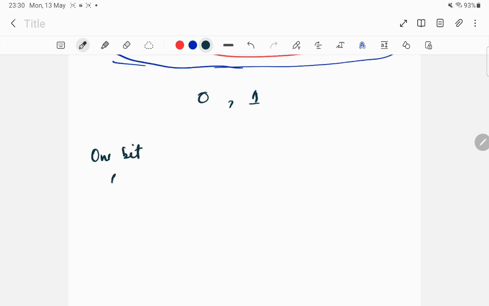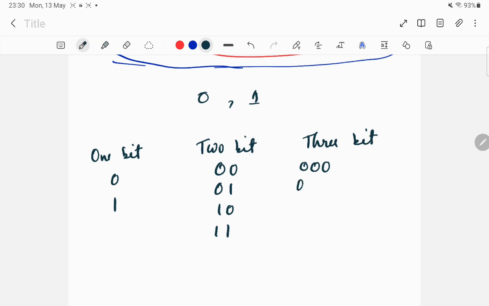When we say 1 bit, it is 0 and 1 only. Similarly when we say 2 bit, it is 00, 01, 10, 11. When we say 3 bit, we have 000, 001, 010, 011, 100, 101, 110, 111.